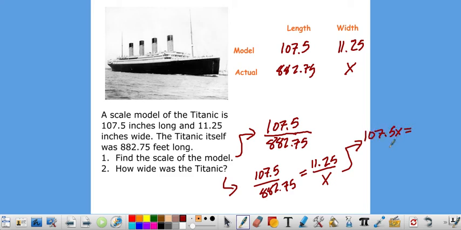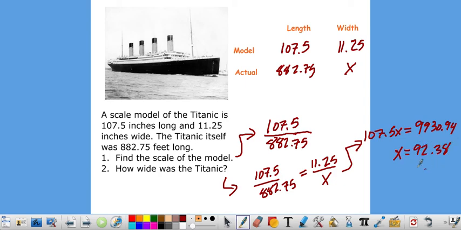107.5x is equal to, we'll take out our calculator, 11.25 times 882.75. We get 9,930.94. Divide both sides by 107.5. And we get 92.38.